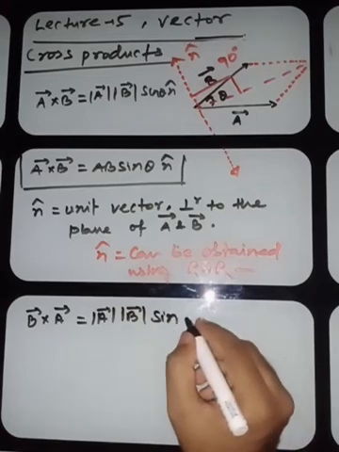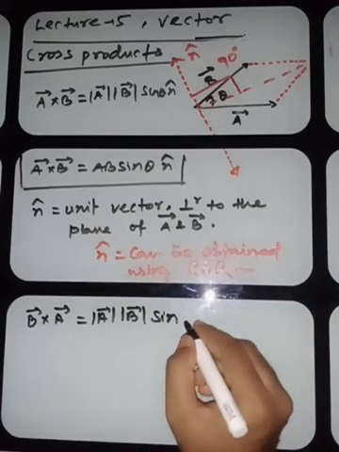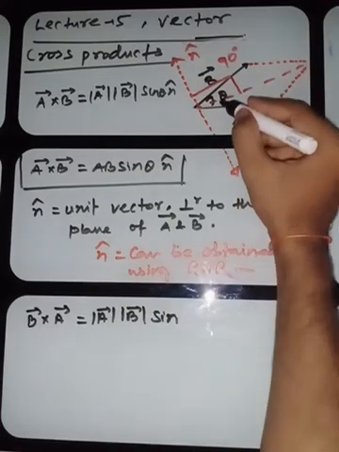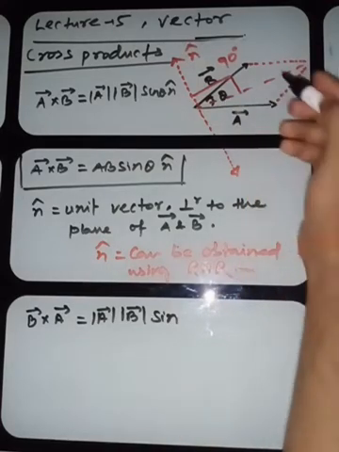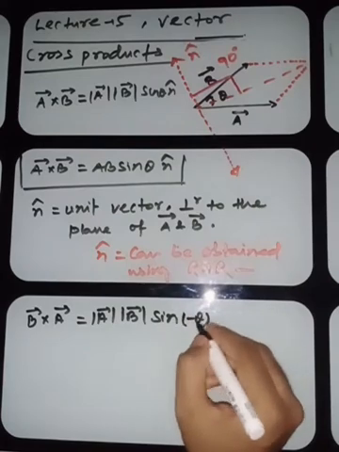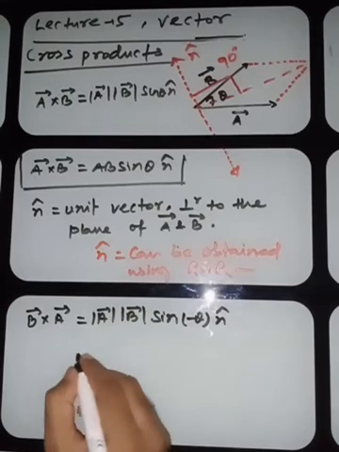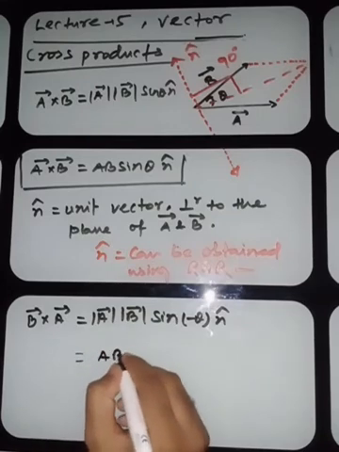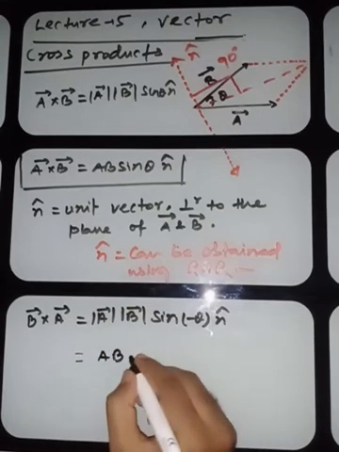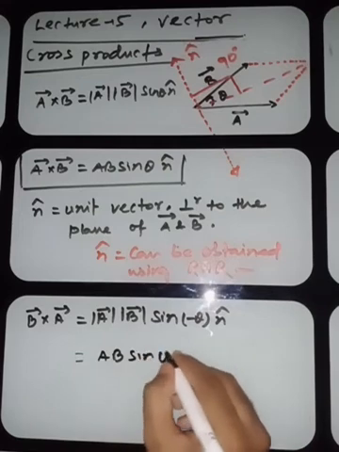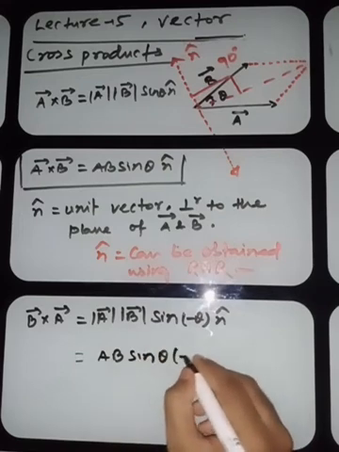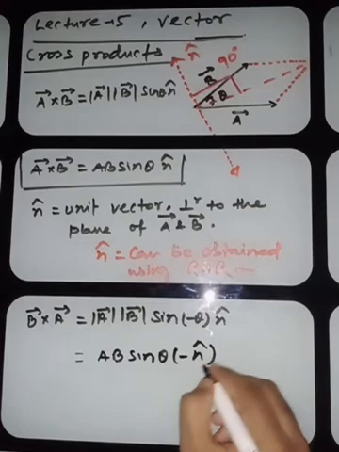Now what will be the value of the angle? Here the angle between vector B and A will be minus theta. And let me draw here the n cap. It is mod A, mod B, sine of minus theta, which will be minus sine theta. So sine theta, and the minus we will carry with n cap.